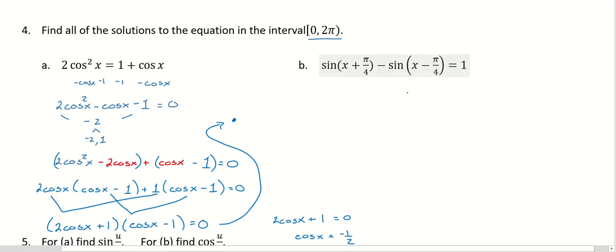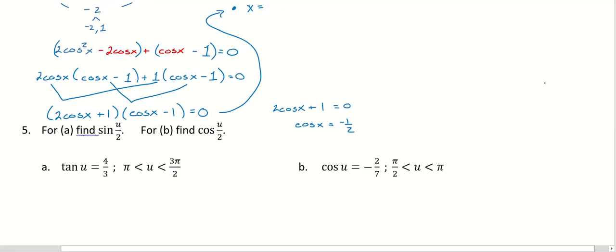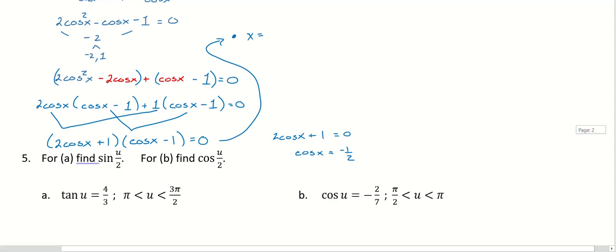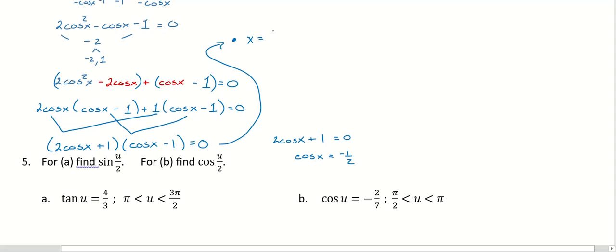Oh, yeah, I was looking at the wrong thing here. So x equals 2 pi thirds and 4 pi thirds. For cosine to be -1/2, it should be 2 pi thirds and 4 pi thirds.